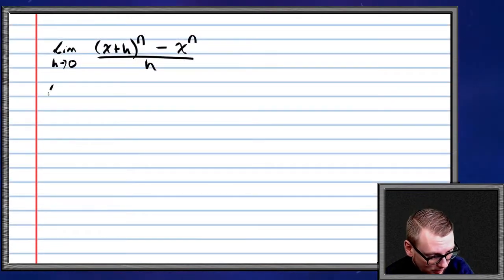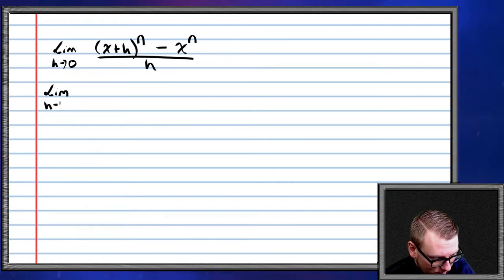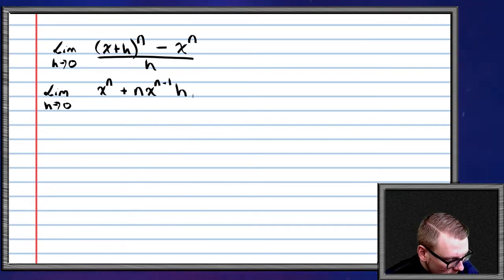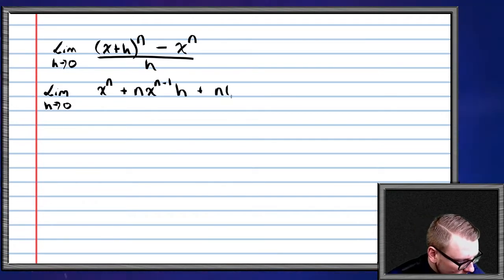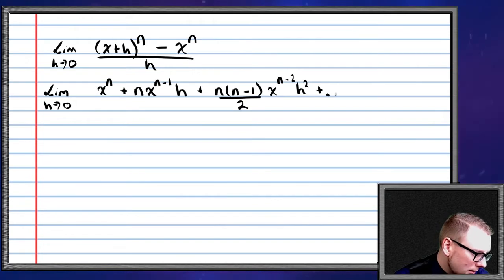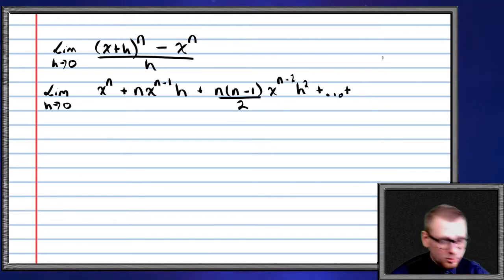Next, we're going to multiply out all our terms. So, we're still going to have our limit as h approaches 0. For (x plus h) to the power of n, we're going to use the Binomial Theorem, so we're going to start with x to the n plus n x to the n minus 1 times h plus n times (n minus 1) all over 2 times x to the n minus 2 h squared plus dot dot dot, because there's going to be a lot of terms.